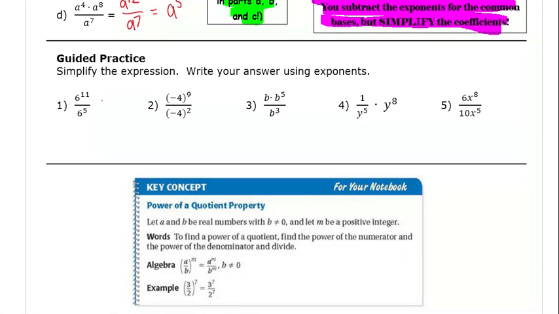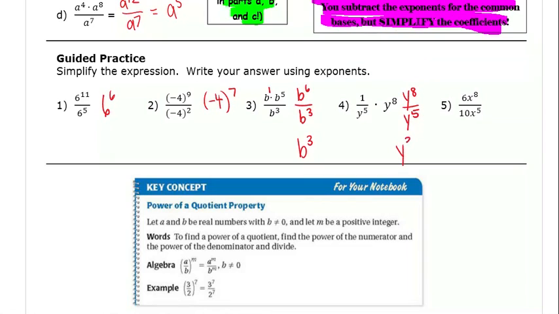Okay, number 1 should be 6 to the 6th. Number 2 would be negative 4 to the 7th. This here, remember there's an invisible exponent of 1. So on top, we'd get b to the 6th over b to the 3rd. And our simplified answer would be b to the 3rd. In number 4, we can change that to y to the 8th over y to the 5th.